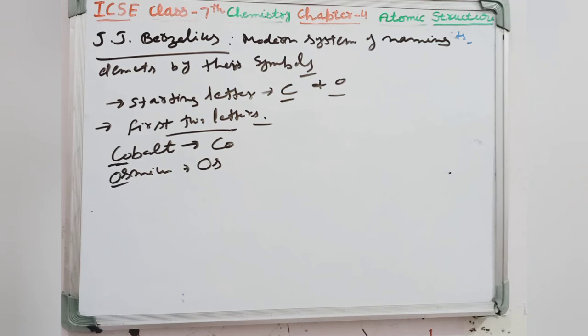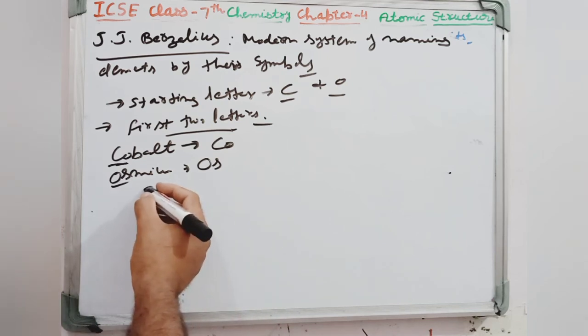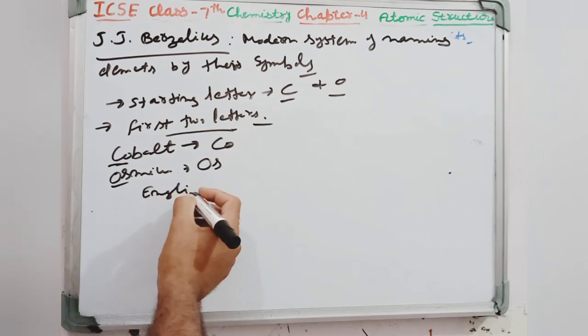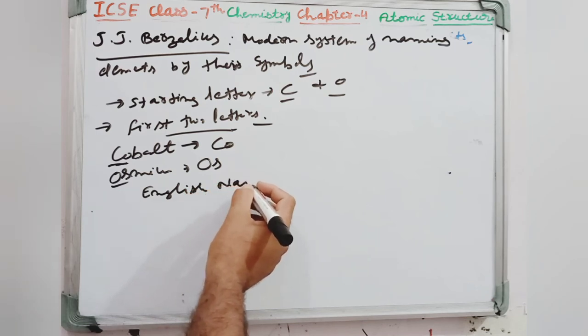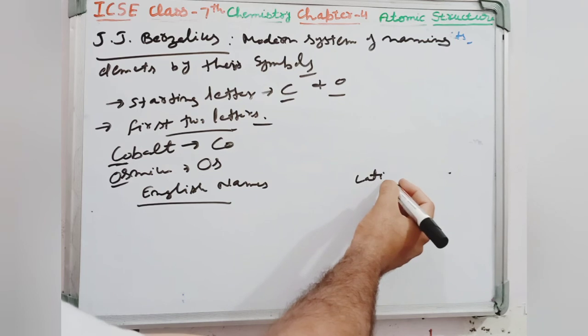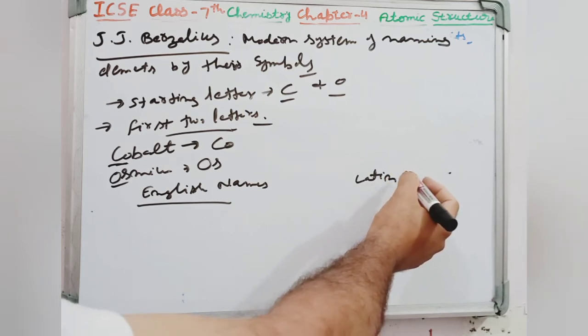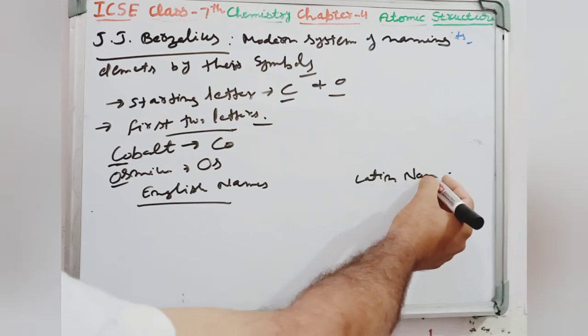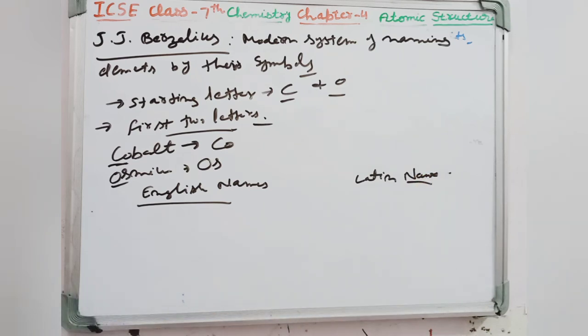So some symbols were derived from their English names, and some symbols were derived from the Latin names of the elements.